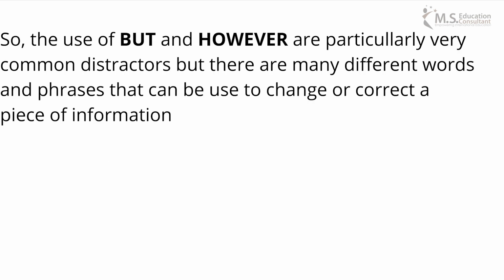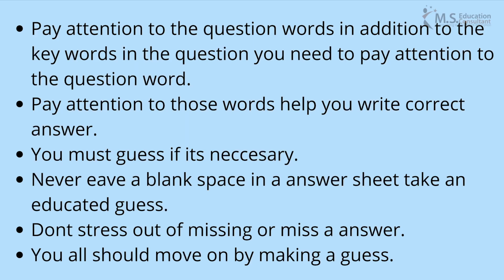Now, the use of "but" and "however" are particularly common distractors, but there are many other different words and phrases that can be used to change or correct a piece of information, so you need to be very alert for them.